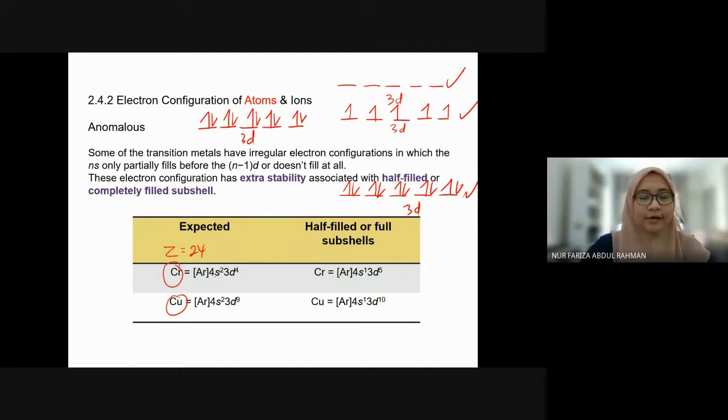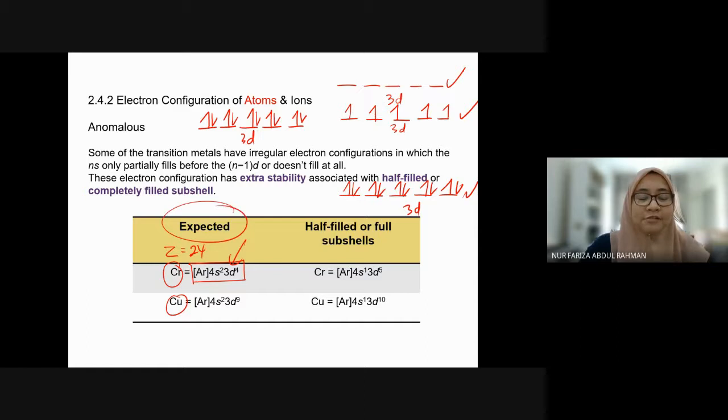24, right? Alright, so if we are based on this number of electrons, based on Aufbau, the three principles we had before, we can write the electron configuration. So this is how we are going to write the electron configuration for chromium.